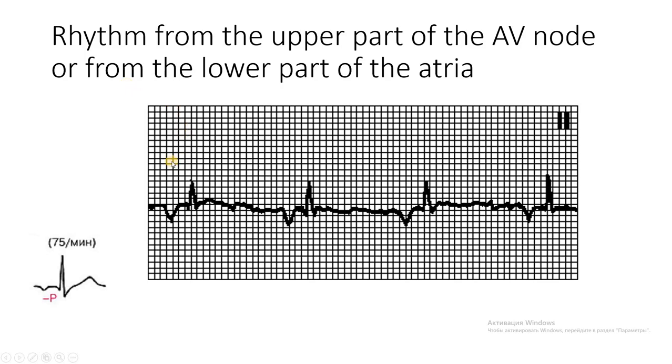Sometimes impulse can be produced from down part of atrium and from upper part of AV node. In this case, P should be negative before QRS complex. And here also we can see negative P waves. This means rhythm from AV node, from upper part of AV node, or from down part of atrium.